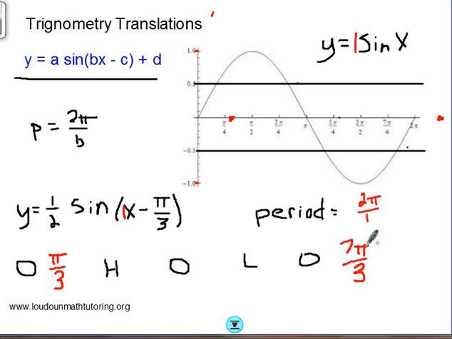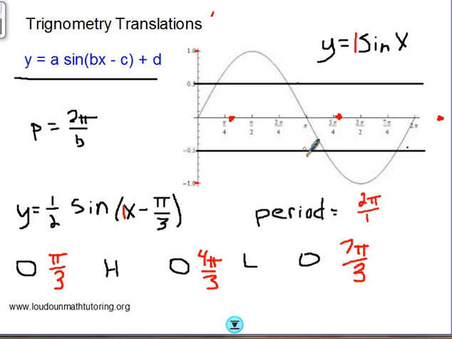Half of 8 pi over 3 is 4 pi over 3. So we found our other 0. 4 pi over 3 is like 1 1/3 pi. So here are our 0 points for our new function.